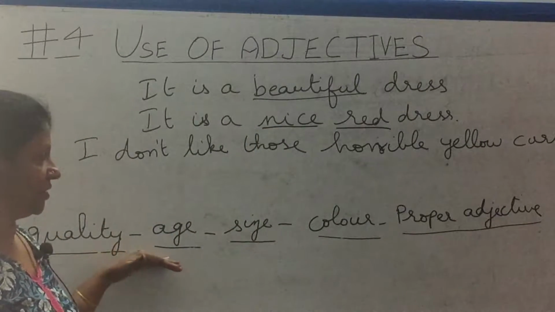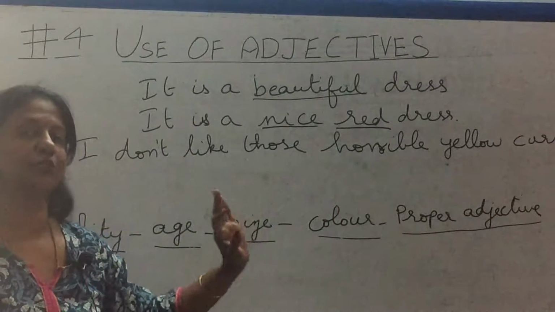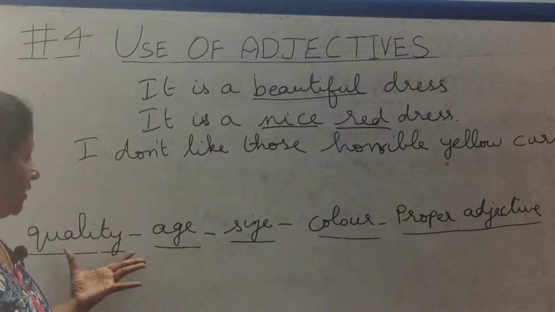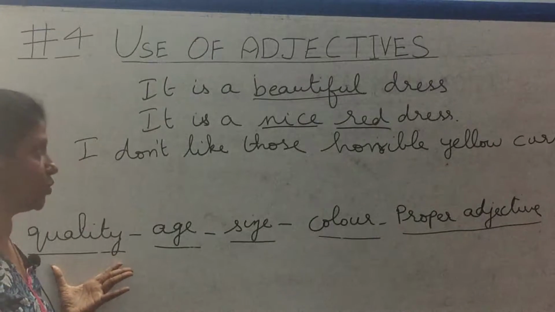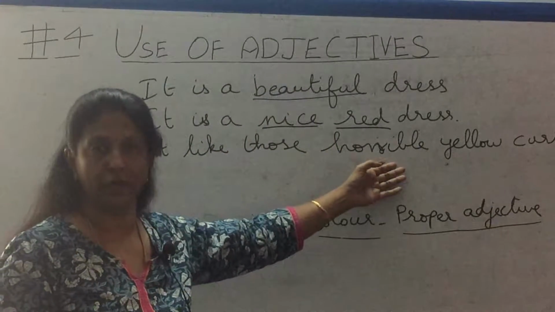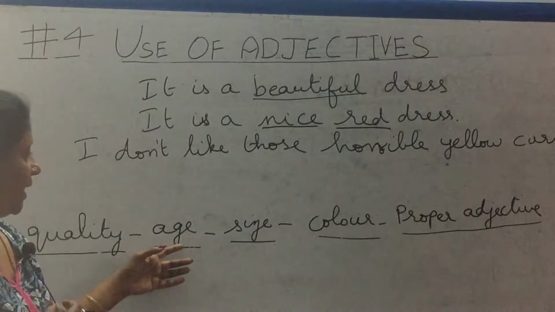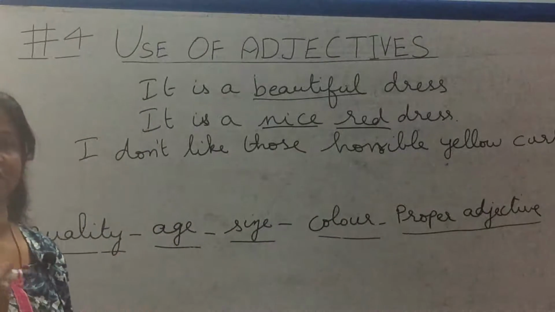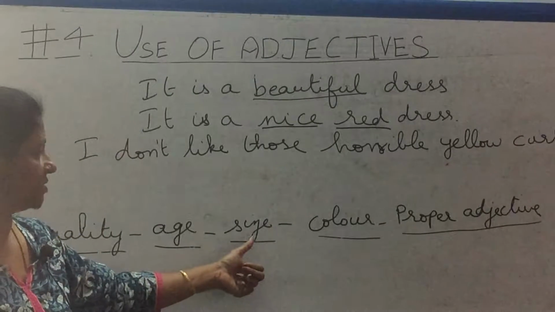Because you see here, this is the order in which you have to use the adjectives in your spoken English. What order is that? First you have to describe the quality. Okay, quality means what? Here it is, nice. Next sentence you see, horrible. Okay, so this represents the quality. Next is the age. Age in the sense whether it is old or modern, so that will represent the age. Next the size.